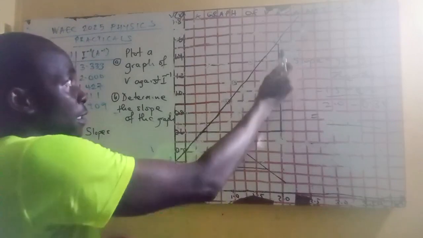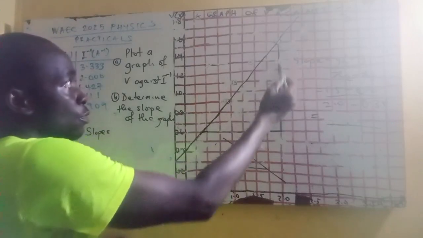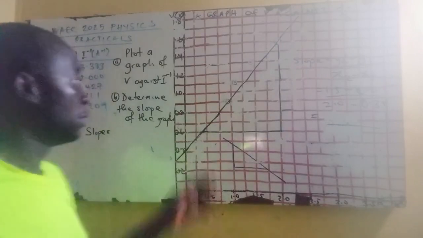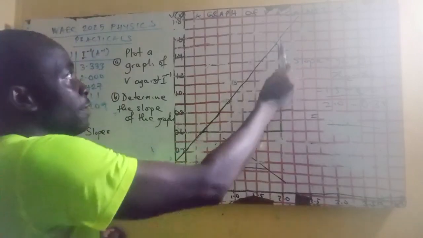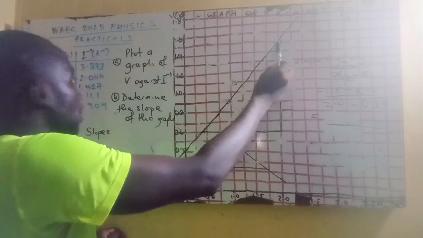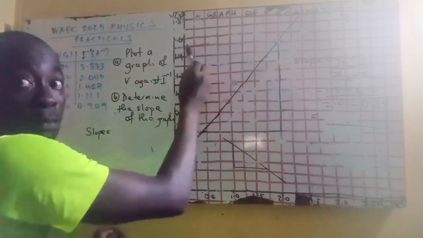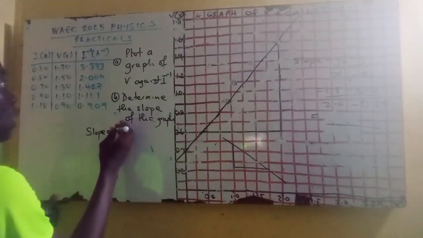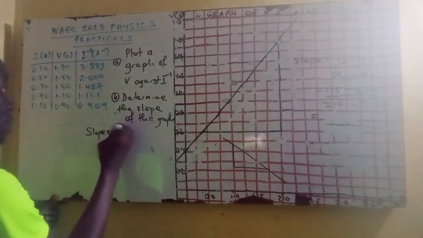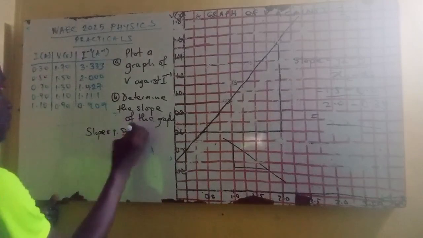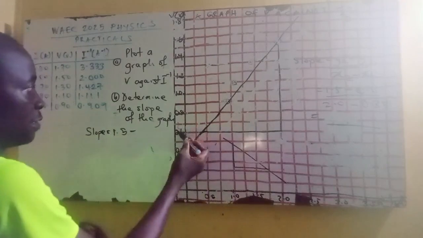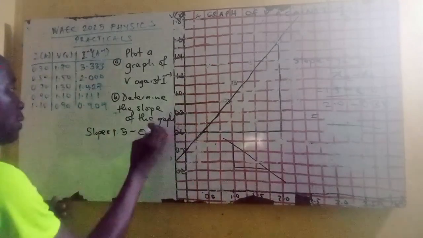After plotting the line, you make a triangle of this nature, like a right angle triangle. Now after doing that, get the value of the point that is here. Now when I get this one, it is 1.5 minus, now get the value of the point that is here and trace it to this place, 0.6.